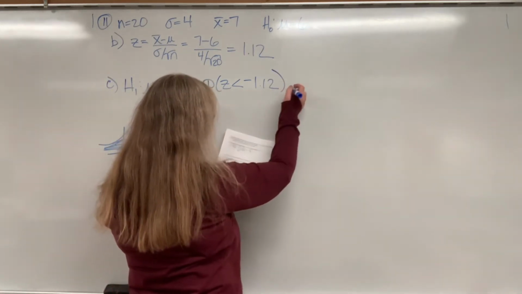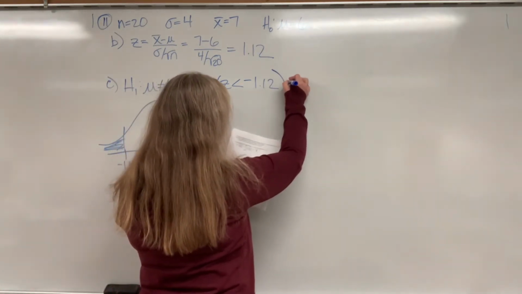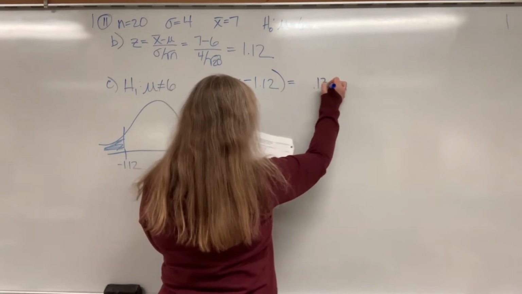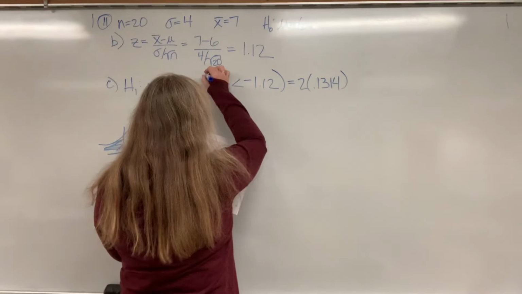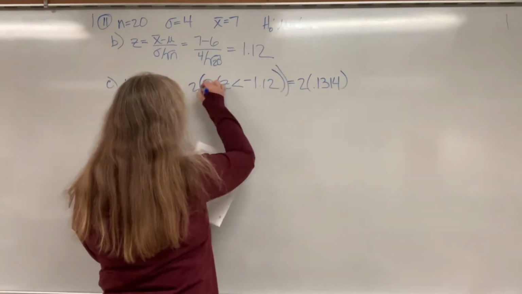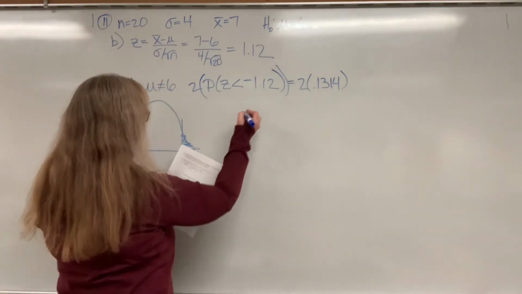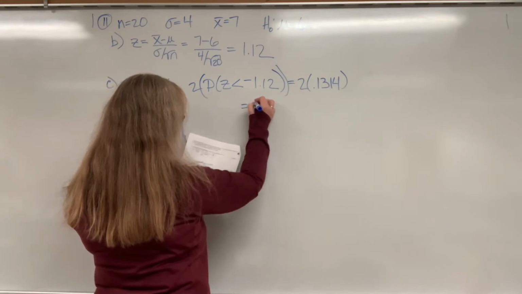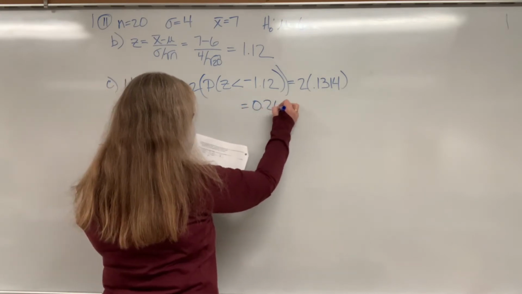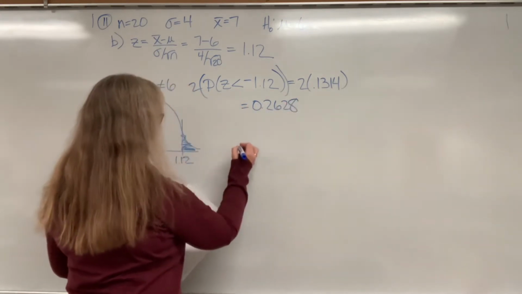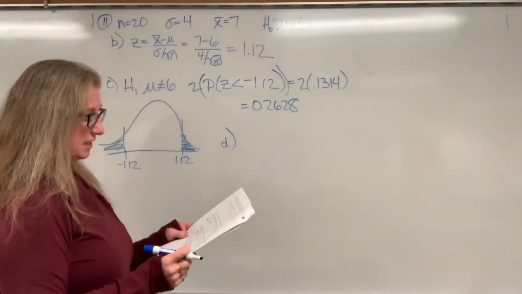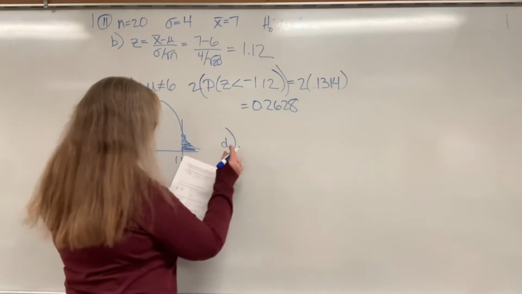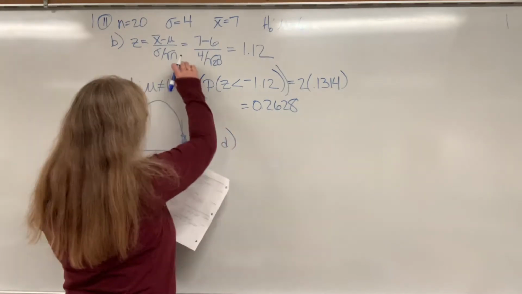So the p-value for Z equal to negative 1.12 is 0.1314. And I need to multiply both sides by 2 because it's two tails. And I find that my p-value is 0.2628.